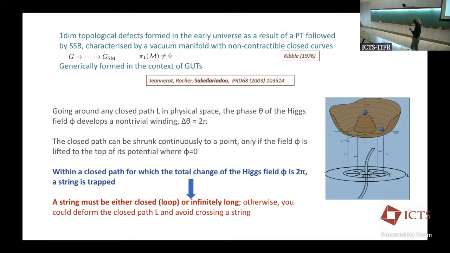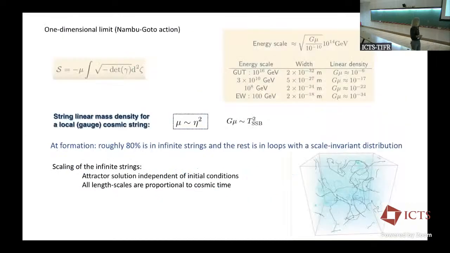That means that the cosmic strings are infinite or closed loops. So any string must be either closed, which we call a loop, or infinitely long, okay? And therefore any circular path around which the total change of phi is equal to 2 pi encloses a cosmic string, which has to be either closed or infinitely long.